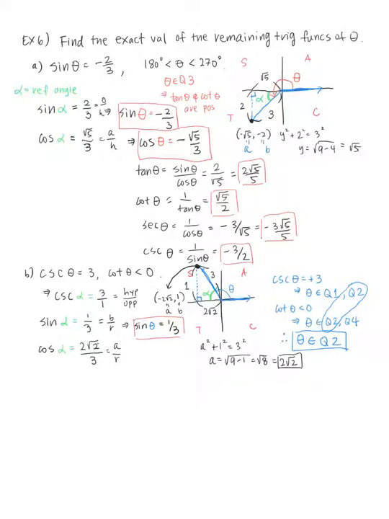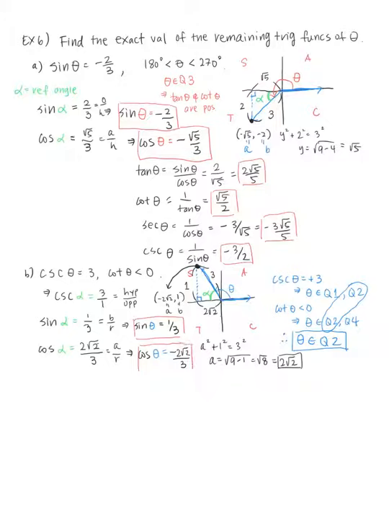Okay, so let's see if that's going to match up. But anyways, this implies cosine of theta. Now in quadrant 2, cosine is negative. So if you use the reference angle theorem, then cosine of theta is negative 2 root 2 over 3.